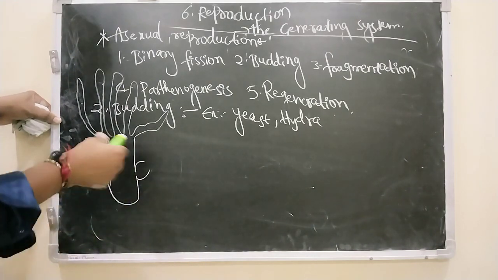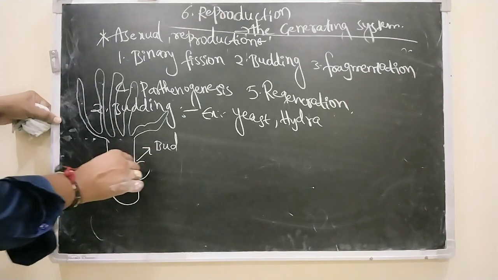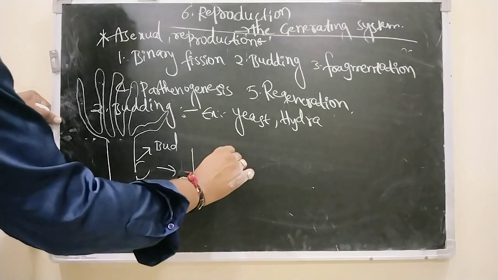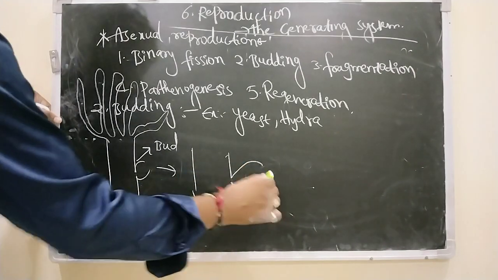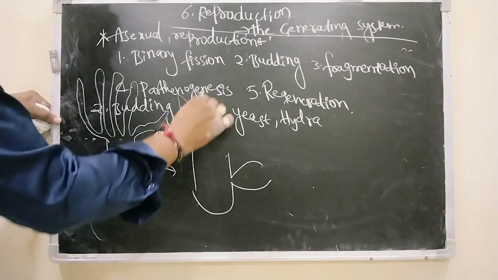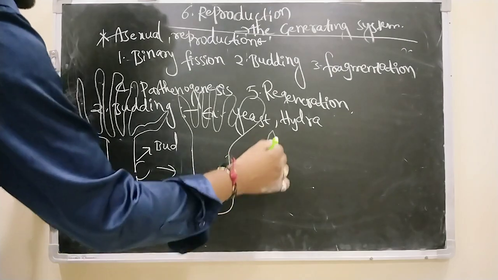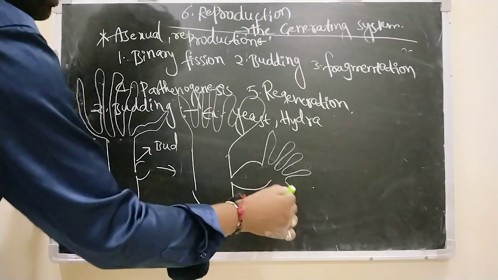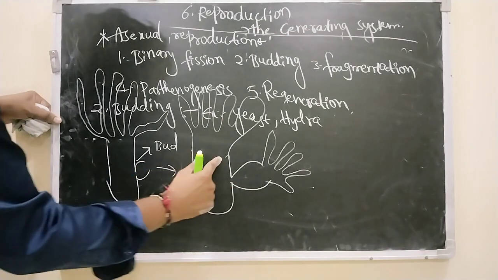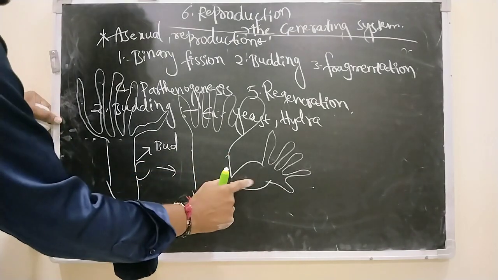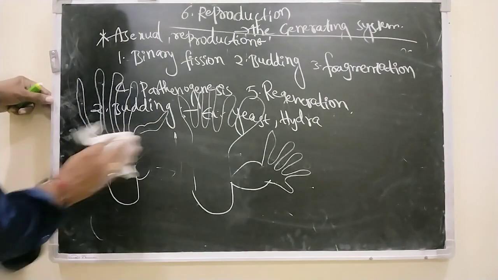One or more growths occur on the body surface. Each growth is called a bud. This bud increases in size, develops a complete body, and when this daughter hydra detaches from the parent hydra, it grows as an independent organism. This is called budding.